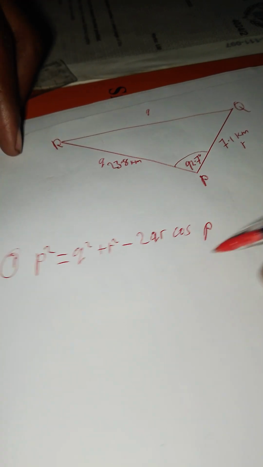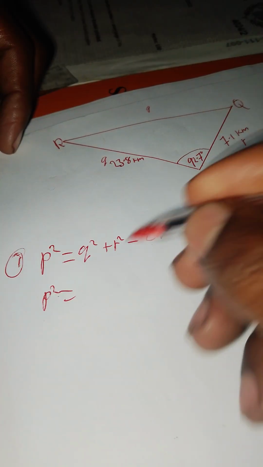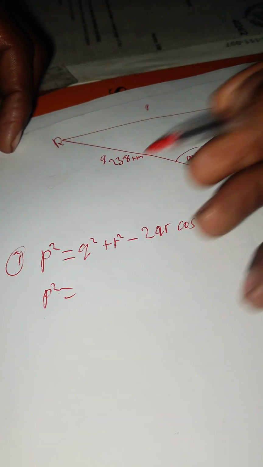So we're going to say P squared, which is the one we are looking for, is equal to, where is Q? Q is here.